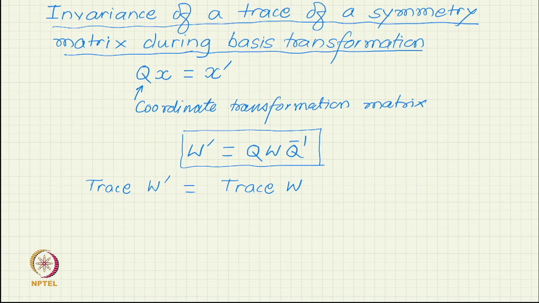Now how do we prove this? So let us start with the LHS, trace W prime. Since you have to add diagonal terms, it is W prime ii summed over i going from 1 to 3.